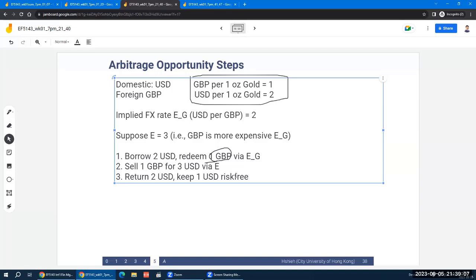Right? So can someone tell me, can this be exploited indefinitely? What I'm getting at is which step out of the 3 steps is going to converge EG to E?